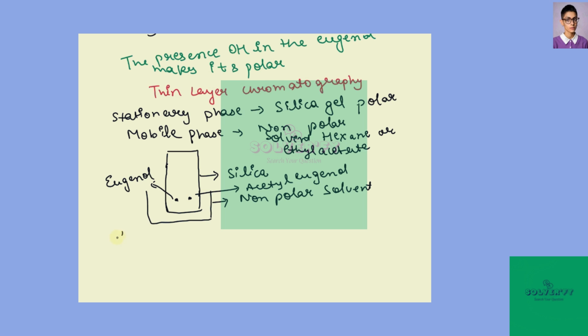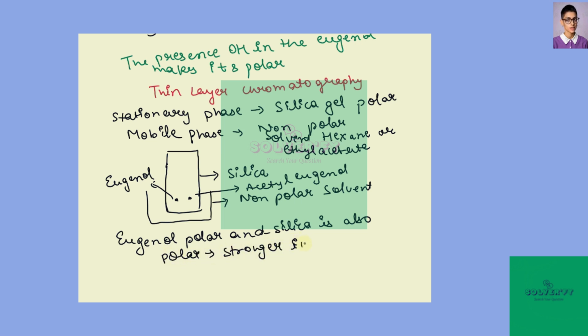Eugenol is polar, and applying the solubility principle, silica is also polar. This makes a stronger interaction, and eugenol will remain bound to the silica.